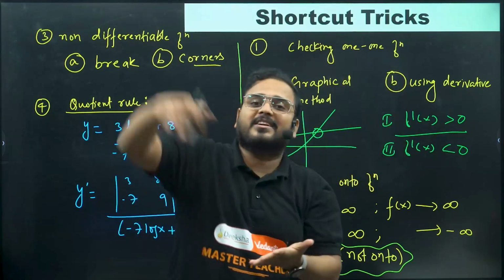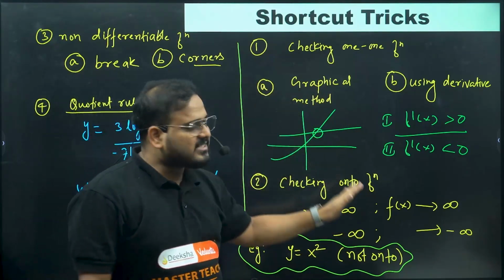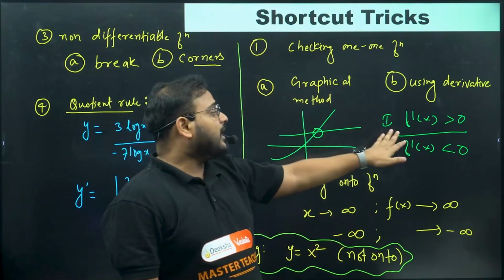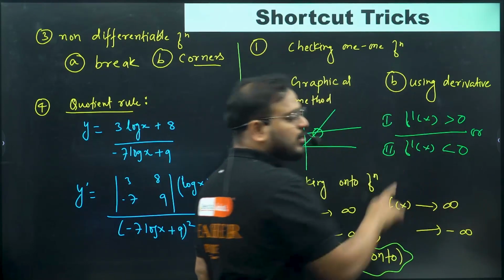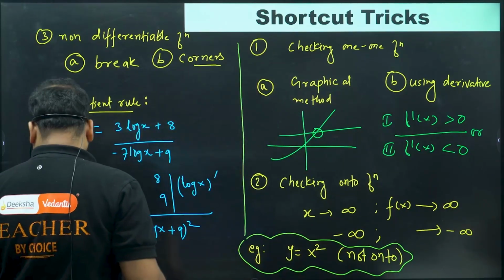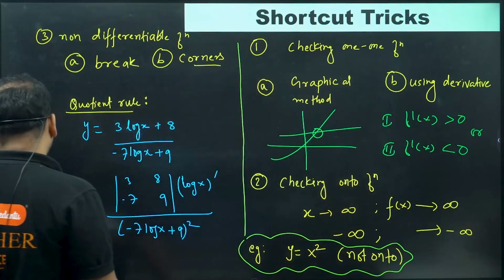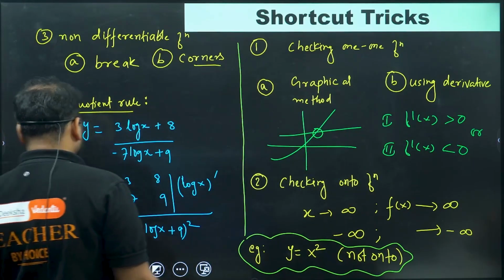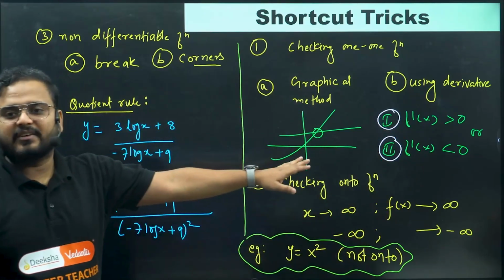If the function is only increasing in nature, it means one-one. Only decreasing means again one-one. You should have only one nature, not both. Either this or that. This is the first trick that we have. This is the graphical approach, the other is the derivative approach.